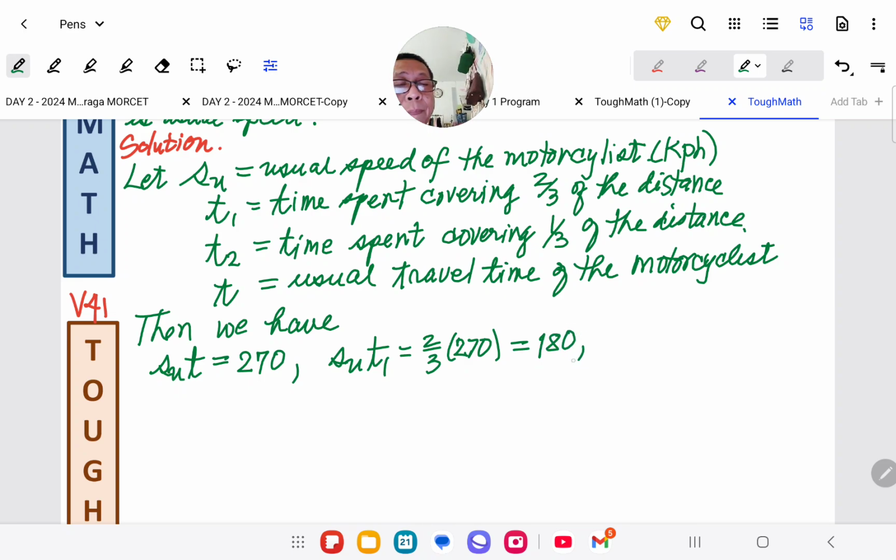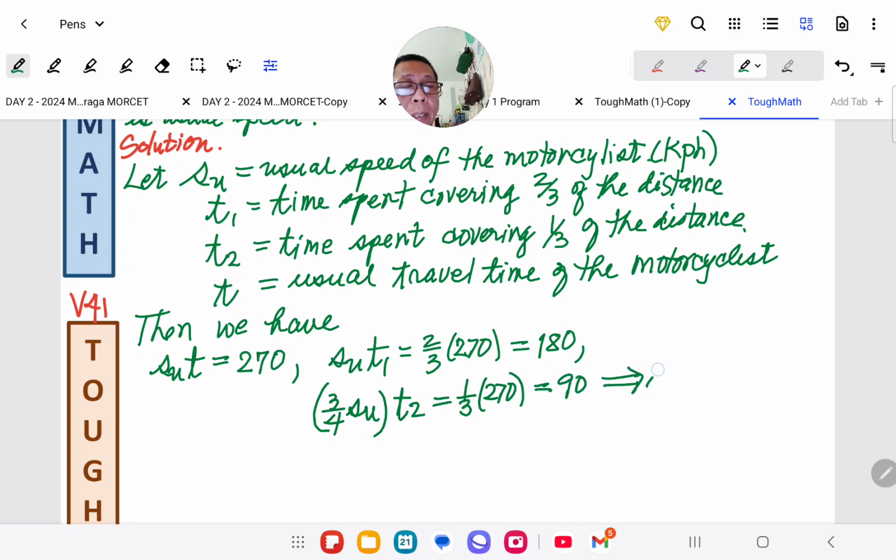And then S_u T sub 2 is 1/3 of 270. Three-fourths of the usual speed times T sub 2 is equal to 1/3 of 270, which is 90.